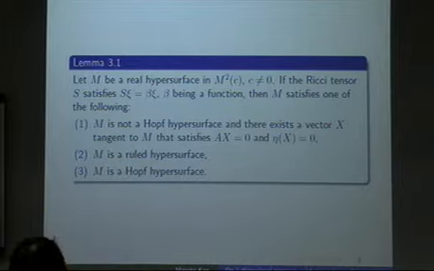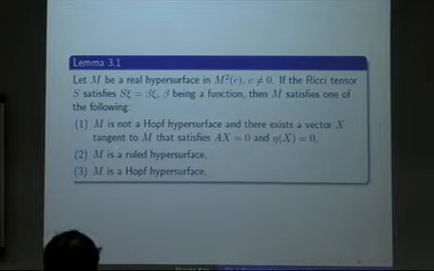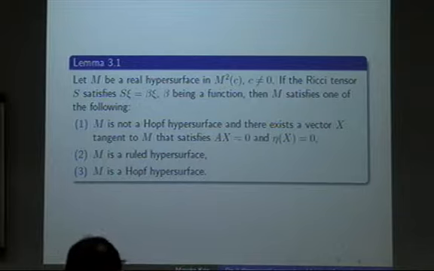If the Ricci tensor S satisfies S xi is beta xi, beta being a function, then M satisfies one of the following: M is a Hopf hypersurface, or when M is not Hopf, there exists a vector field x tangent to M that satisfies Ax equals 0 and eta(x) equals 0, or M is a ruled hypersurface.